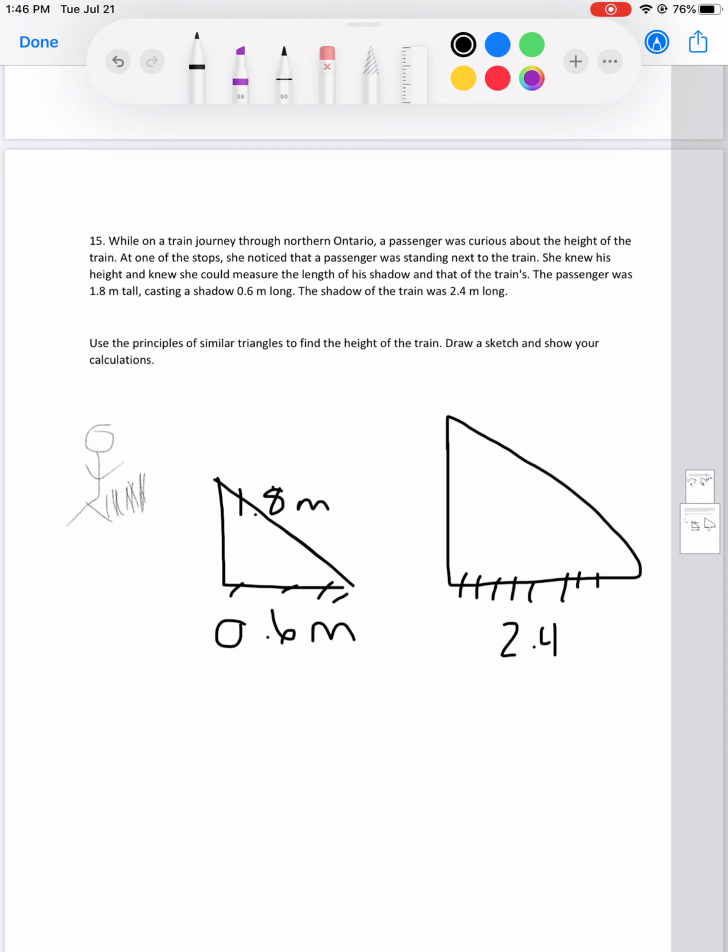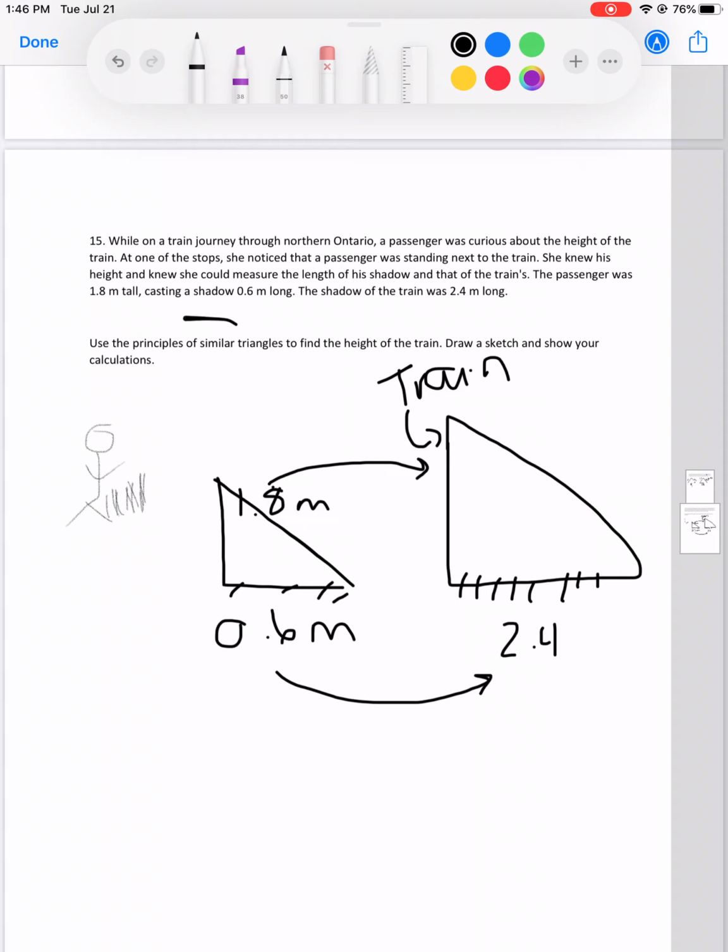Because we're dealing with similar triangles, they're all going to be ratios of each other, right? So from here to here is going to be the same increase from 1.8 to the height of the train. So this is my train right here. I can't draw a train. And that's the train shadow. So we can set up a ratio.